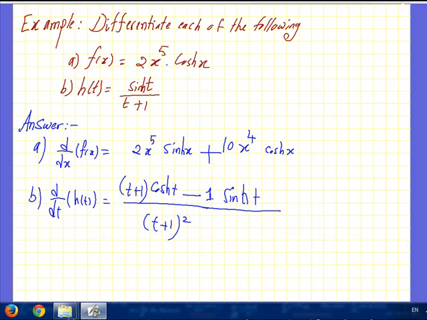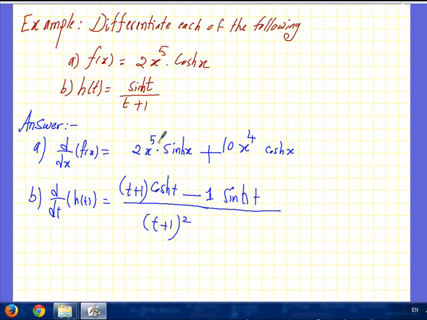For example, differentiate each of the following functions. f of x equals 2x to the power 5 multiplied by cosh x. The second question, h of t equals sinh t over t plus 1. The answer for the first question: d by dx for f of x will be the product of two functions.